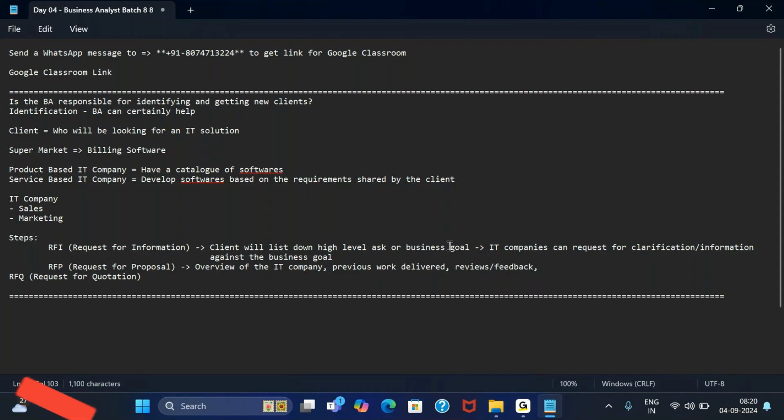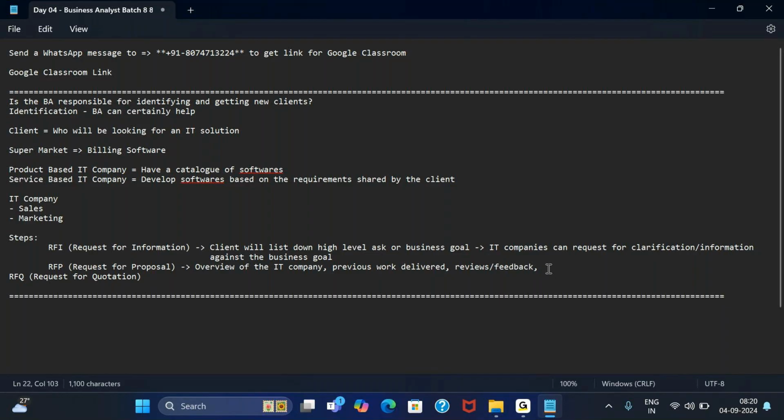The same thing happens in an IT company as well, because usually these contracts cost a lot of money. So they don't directly talk about money. They will usually start with what our IT company is, what kind of work we have done in the past, what review feedback we have got on our work.